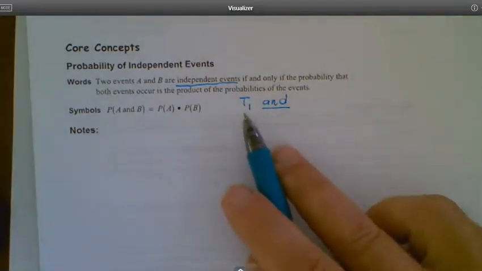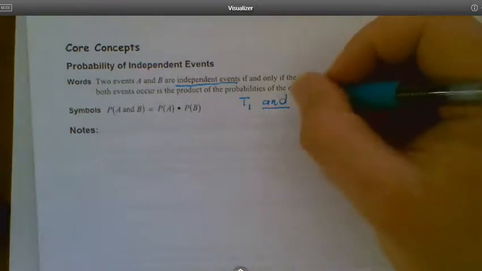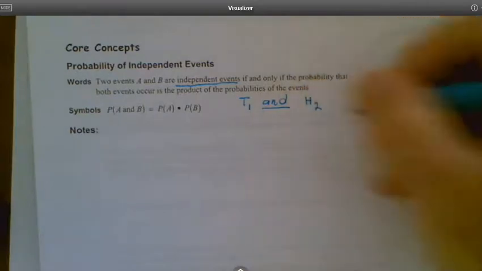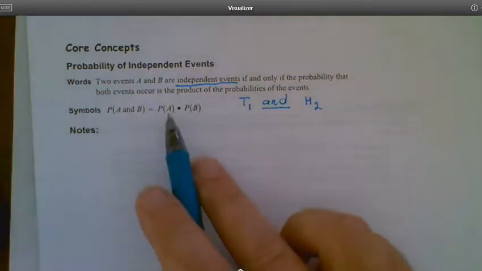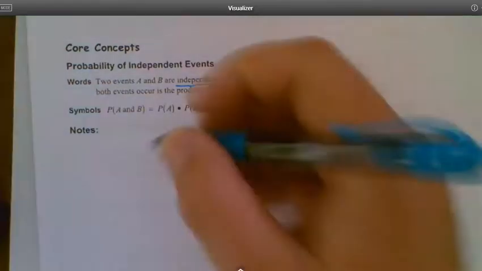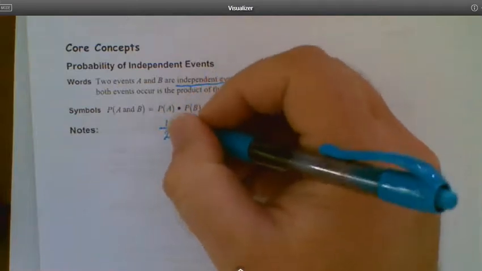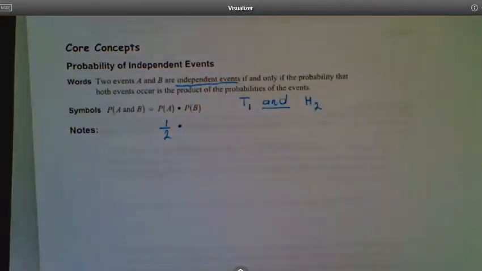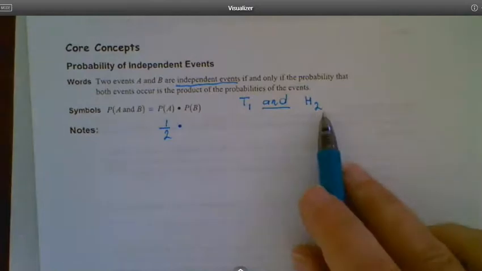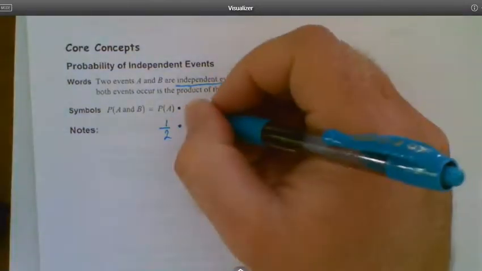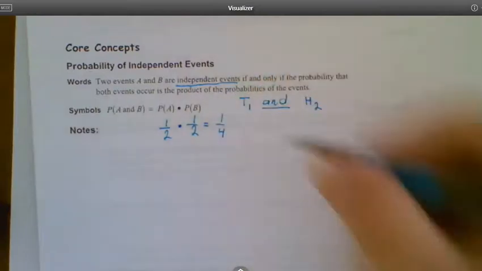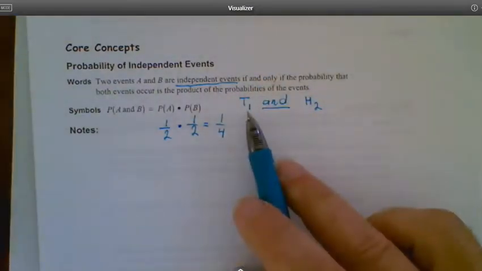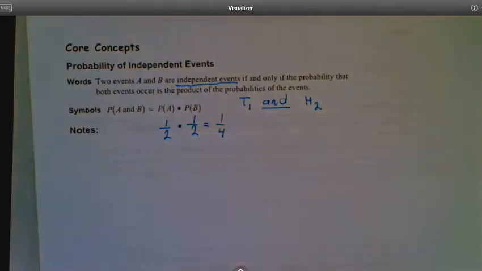So we're going to get tails on the first coin, and let's just say heads on the second coin. So that's what we're hoping to get. Well, we'd say, what's the probability of getting tails on the first coin? It's a 1 out of 2 chance. And what's the probability of getting heads on the second coin? Also a 1 out of 2 chance. So there is a 1 in 4 chance of me getting tails on the first coin and heads on the second coin. So that's how that formula works.